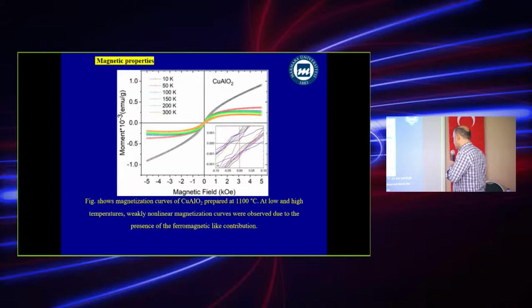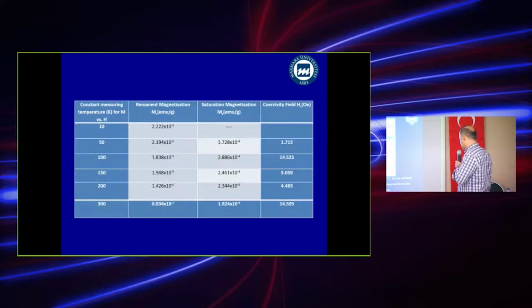We see some ferromagnetic behavior, but I don't want to say such things. I will tell you later what's going on in the system in the next slide. Maybe here you will see the coercive field changing with temperature.